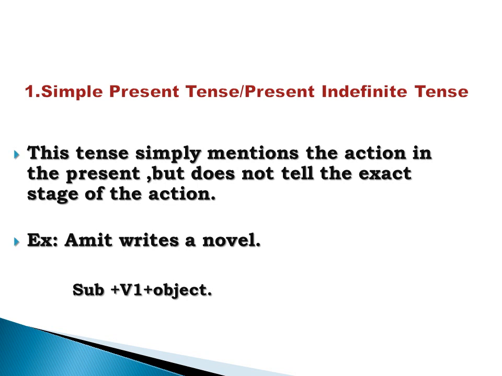Example, Amit writes a novel. In this, we understand that the action of writing is happening in the present, but we don't know exactly the stage of the action. The simple formula that enables us to understand simple present tense is subject, we use V1 form and followed by the object.